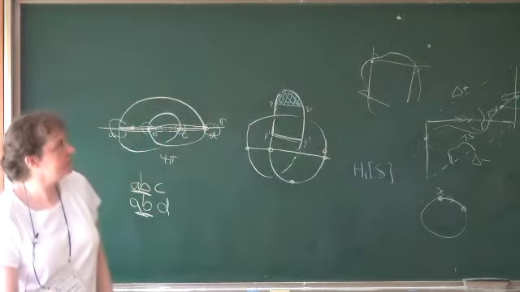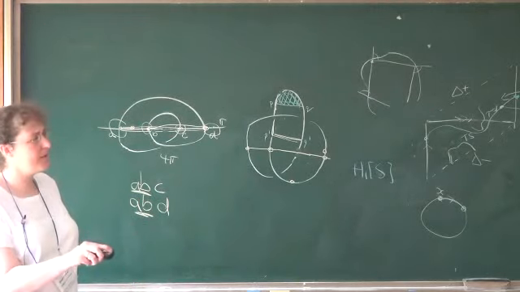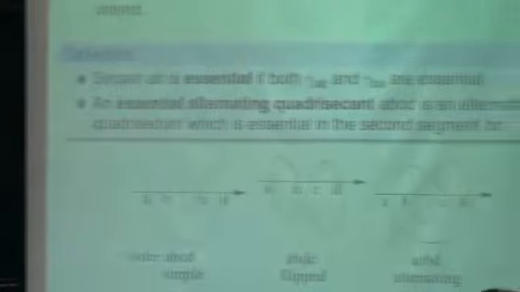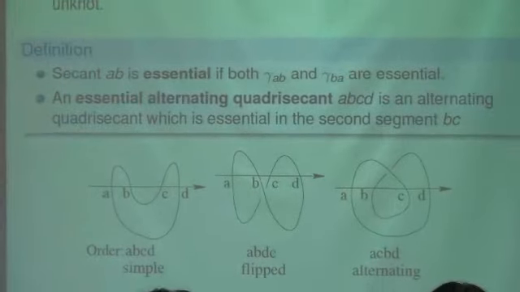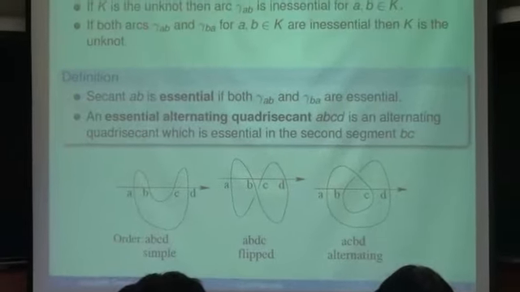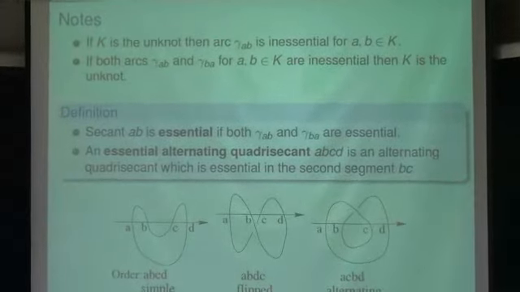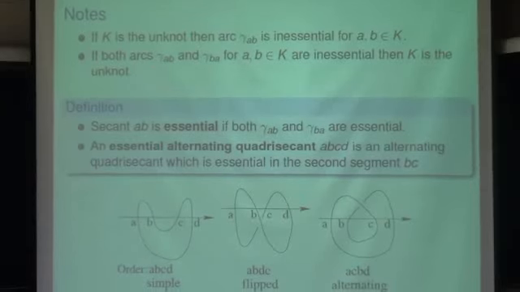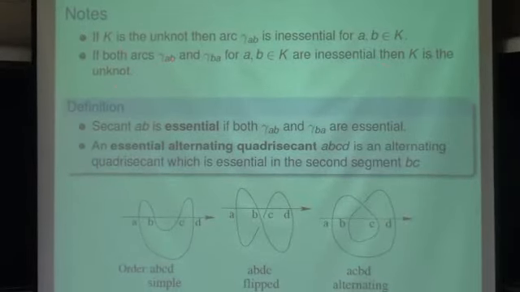Okay, so when this comes to quadrisecants, if you're unknotted, this is again basic topological knot theory, you're always inessential on any side of your secant. And the converse is true. If you know both arcs are inessential, then you also know you're the unknot, and that's just a Dehn's lemma argument.